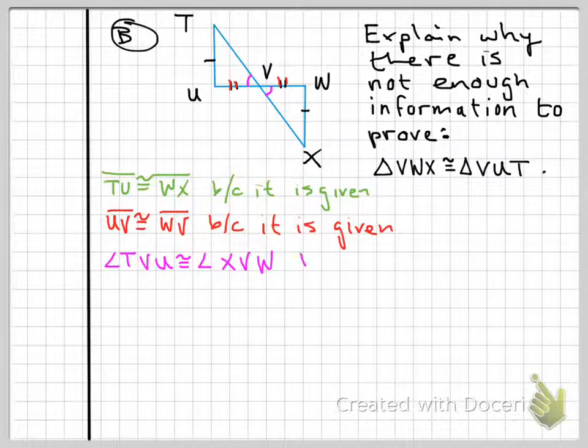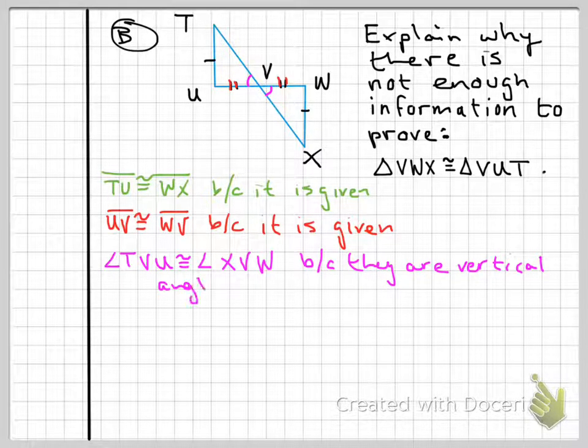The reason that I know that is because they are vertical angles. So now I have two sides and one angle. So it kind of looks like a side angle side.